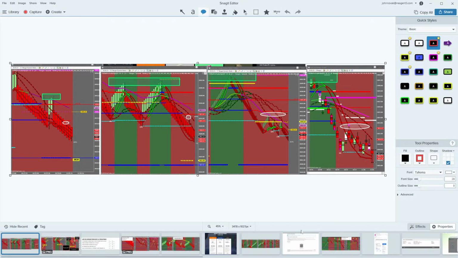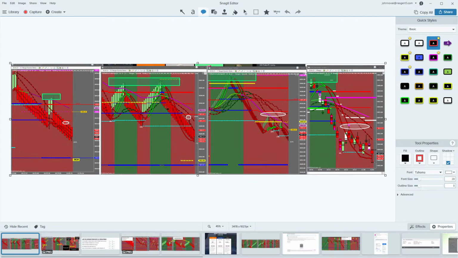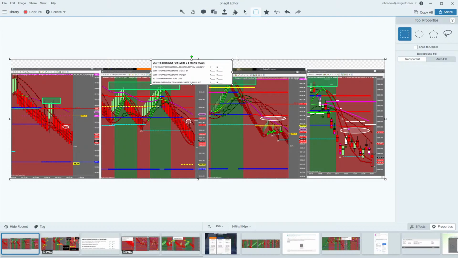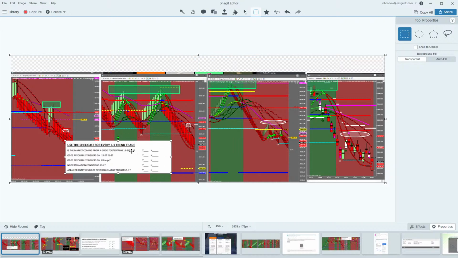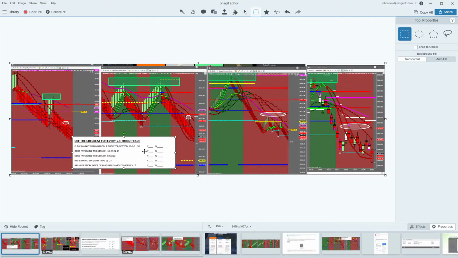Here's the cool thing about Snagit. You can go back to your trend trade rules, copy, paste them right back in. They're a little bit fuzzy since I blew them up, but let's ask ourselves the question.